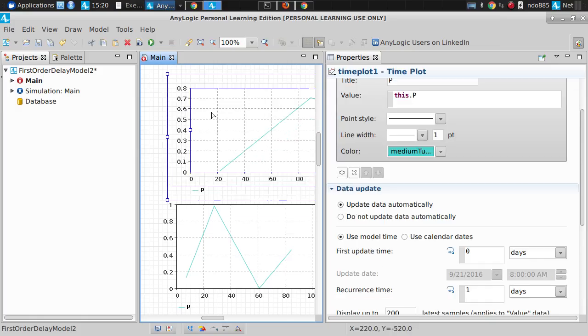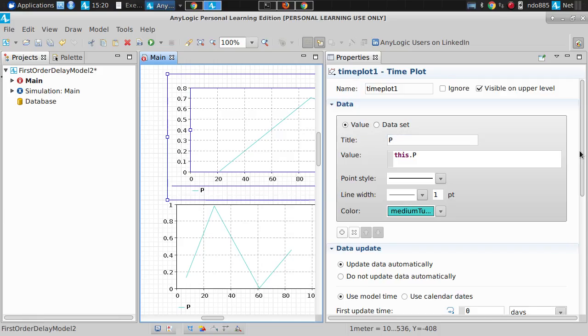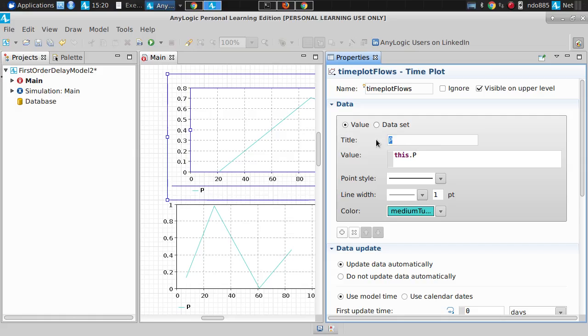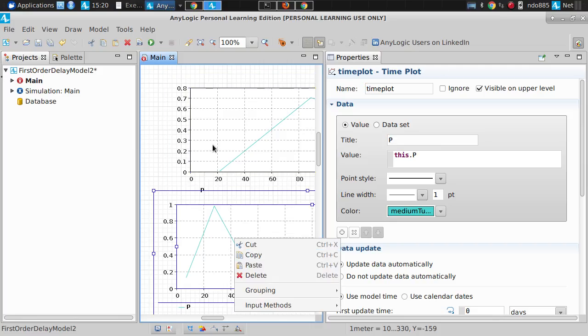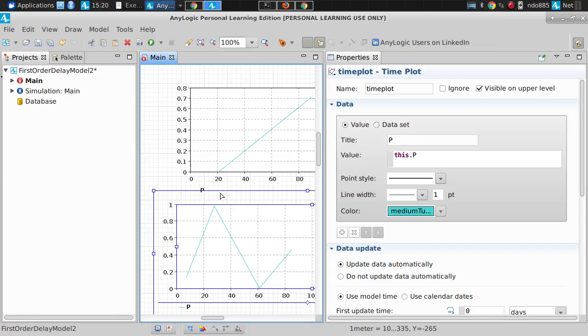Boom. And for the top one, I'm going to call it time plot flows. So what did I do? I right-clicked into this and did copy, and then I clicked up here and did paste.